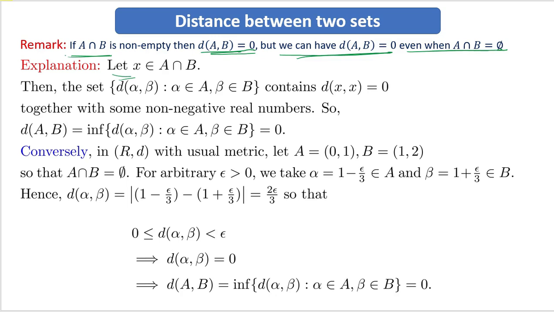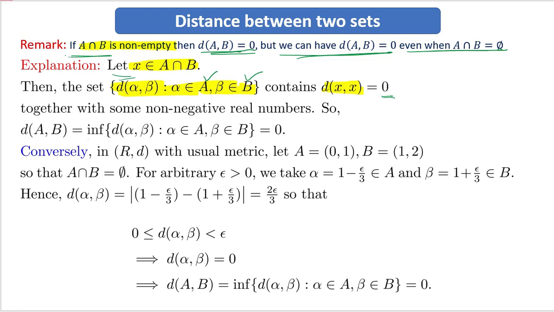Now given that A intersection B is non-empty, we are taking X in A intersection B. And then we see that the set D alpha beta, alpha in A, beta in B contains dxx equal to 0, because X then belongs to A as well as X belongs to B. But dxx is equal to 0 and therefore this set contains non-negative reals with 0.